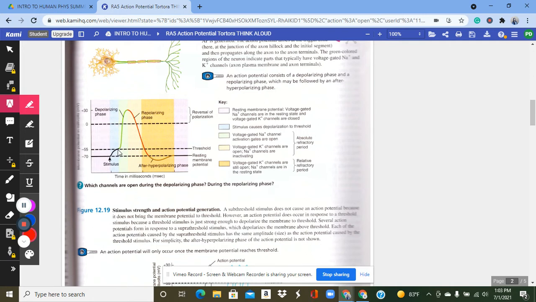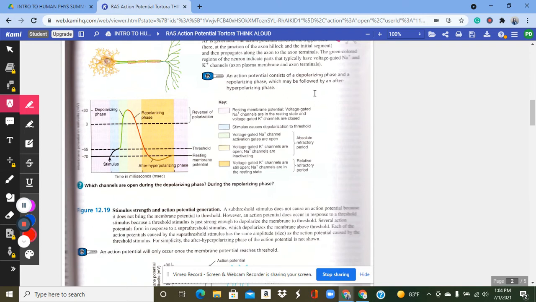Okay, stimulus causes depolarization to threshold, and then the voltage-gated sodium channels' activation gates are open, the voltage-gated potassium channels are open, and the sodium channels are inactivating, which is the absolute refractory period.